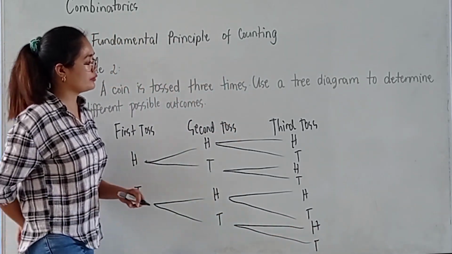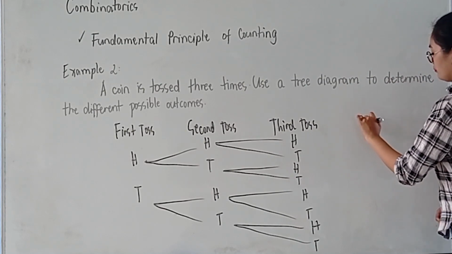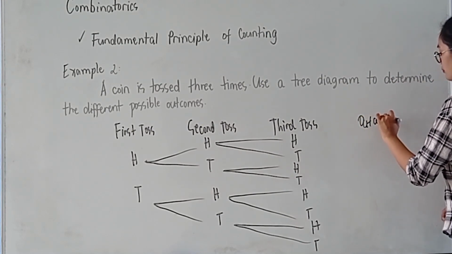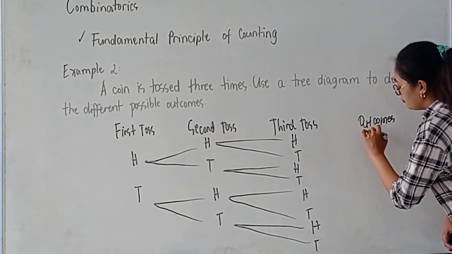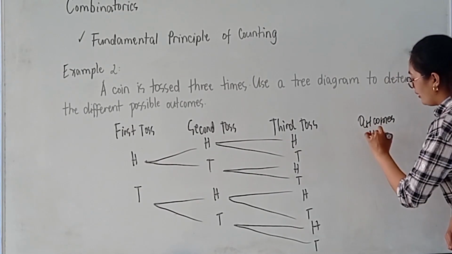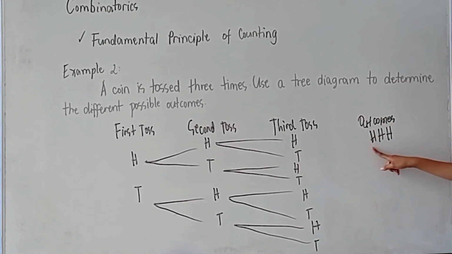Now for our outcomes, the first outcome would be H, H, H, meaning head for the first toss, head for the second toss, and head again for the third toss.